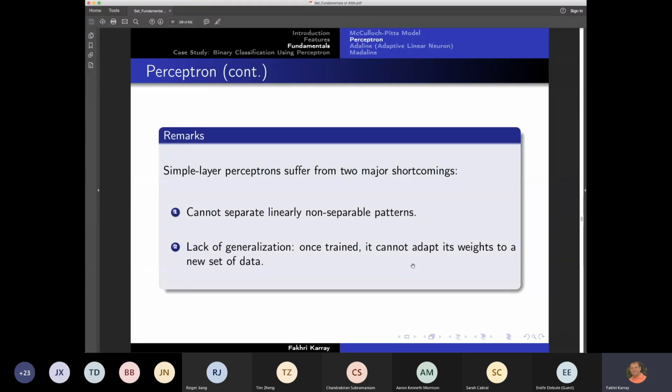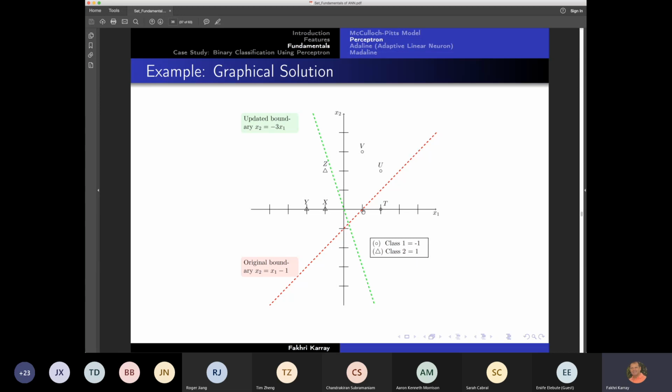Because there is no optimal rule here that provides us with the best possible pattern, this particular rule that provided us with the green line is very, very close to Z. So later on, if we have a pattern that is similar to Z but is located in this particular region, the system was not able to separate it in this way.